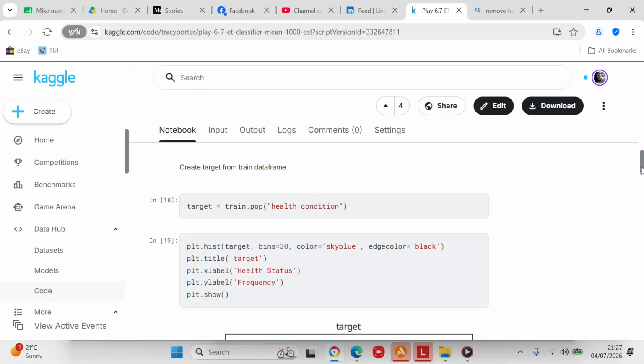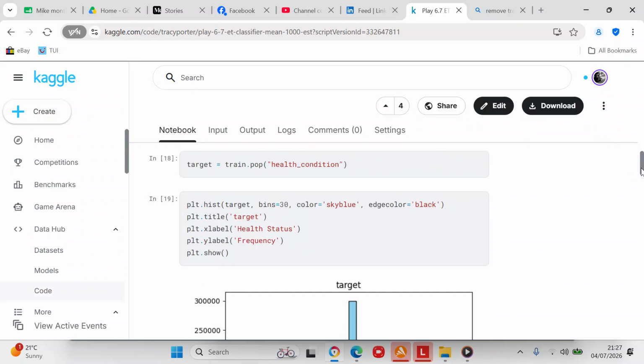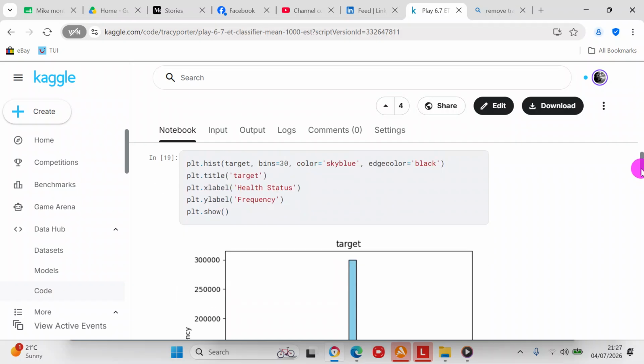And now we're going to create a target from the trained data frame, because the target is in the trained data frame. So target equals train.pop health condition. You're going to take the column health condition out of the trained data frame, and you're going to make it your target. And then we're going to create a histogram of the target.